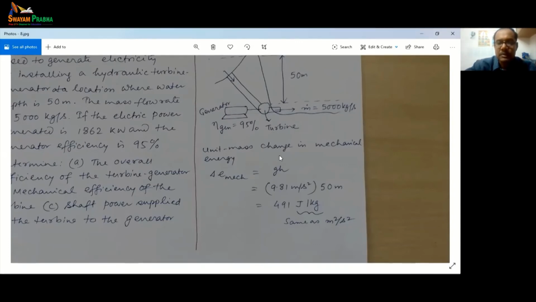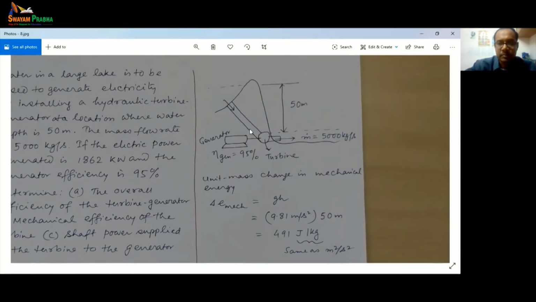So here the per unit mass change in mechanical energy, let's say we designate it with delta small e mech. Okay, so this per unit mass change, here it is only the potential energy change that's happening. Okay, so this is gh. And we are assuming that the duct diameters are the same, so the velocities will be the same.